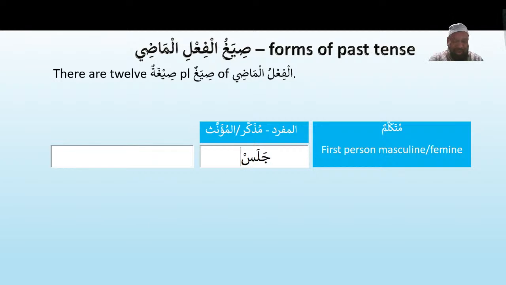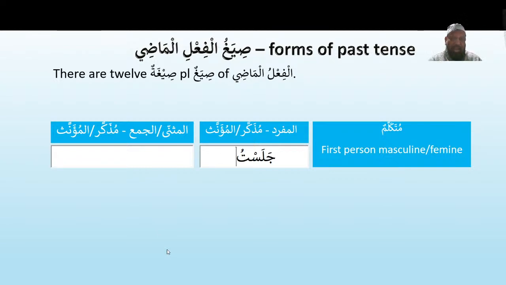Jalas, over here we need to add the ta al-fa'il, which is tu. We add ta'ul fa'il in the 6 forms of mukhatab and 1 form of mutakallim. It becomes jalastu.